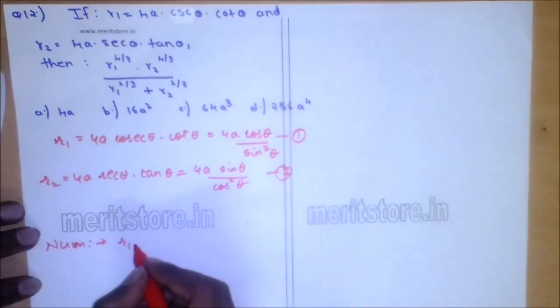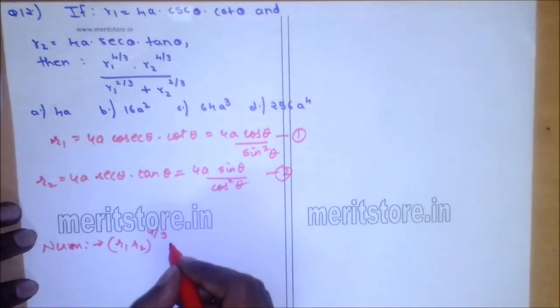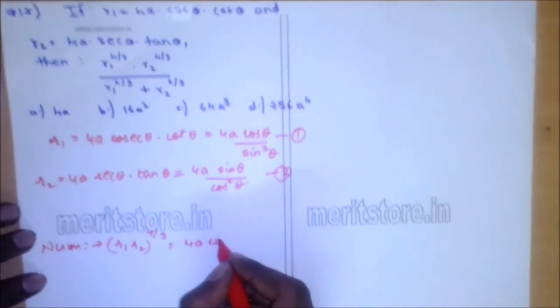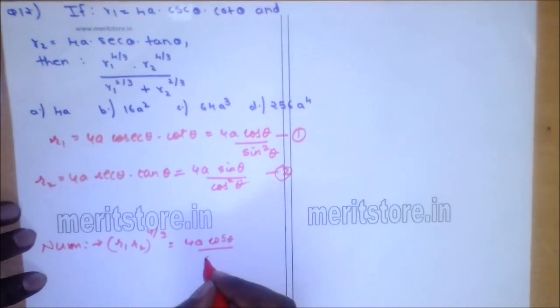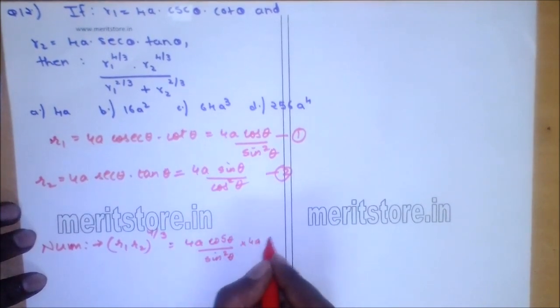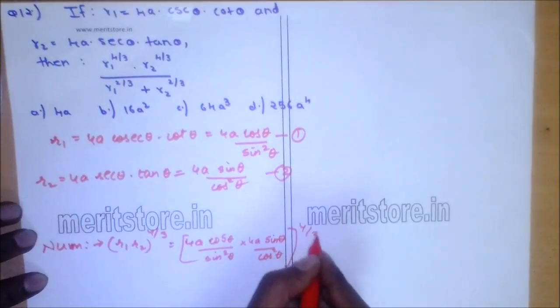This is (R1 into R2) raised to 4 by 3. So we have (4a cos theta upon sine square theta into 4a sin theta upon cos square theta) raised to 4 by 3.